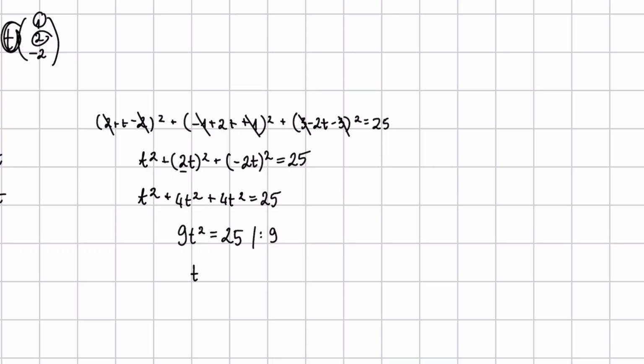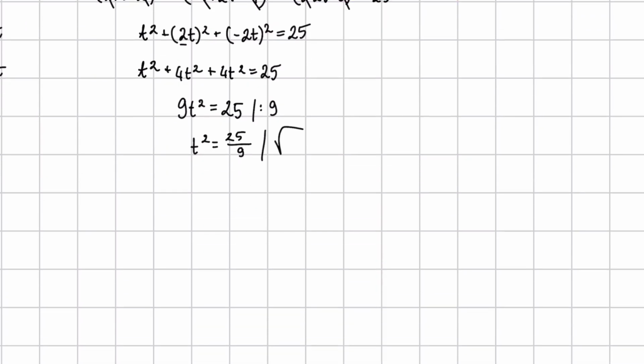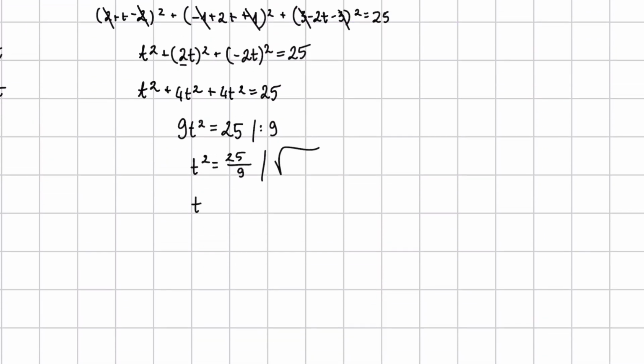So t squared is 25 over 9, and now we have to take the square root of both sides. So t is 5 over 3, or t is negative 5 over 3.